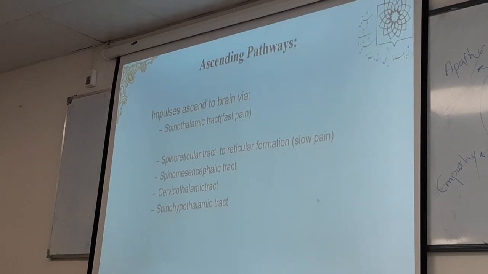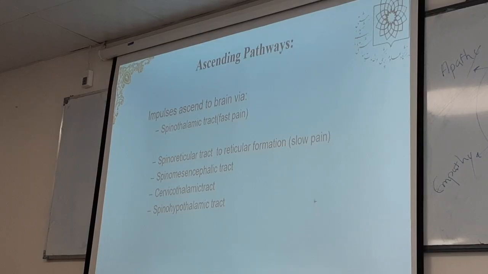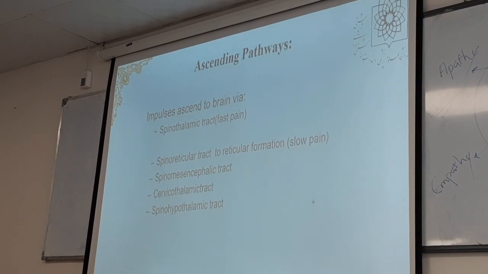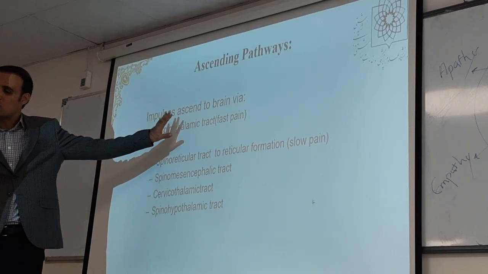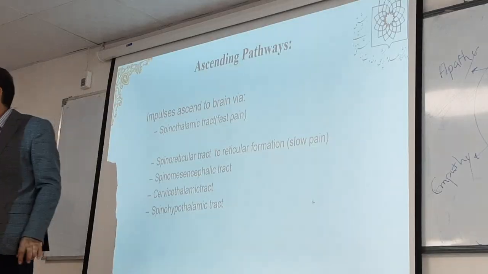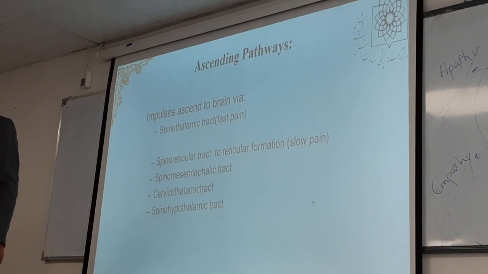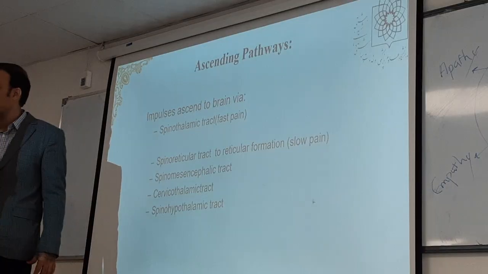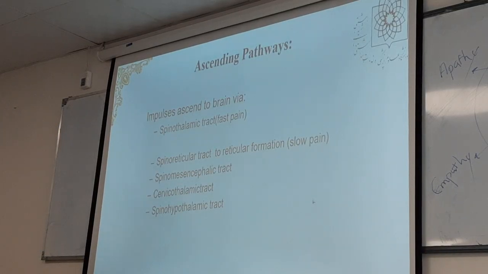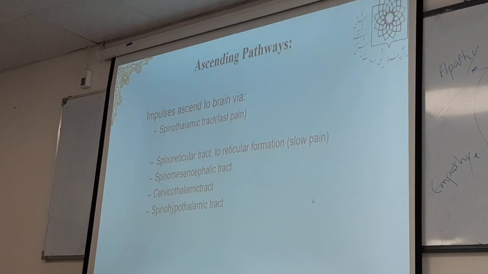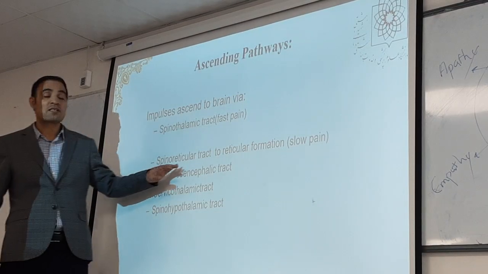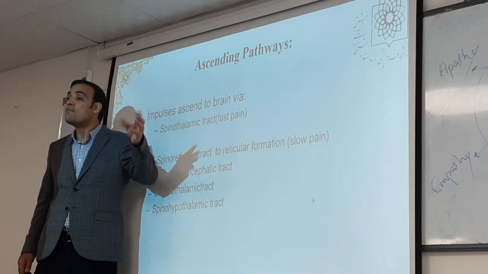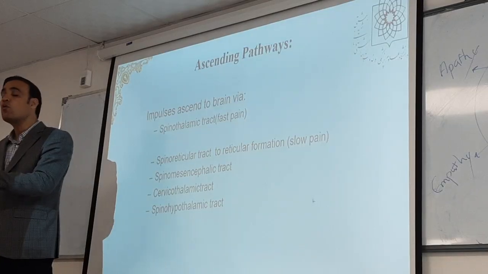This periaqueductal gray matter sends the information back to the spinal cord, on the synapse that I showed you, and inhibits the pain entering into the spinal cord. In fact, I can say that when the pain enters the brain, it activates the mesencephalic pathway and then tries to inhibit or control the pain.